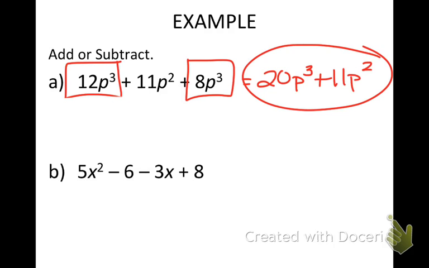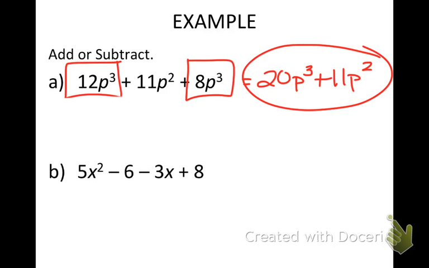Because they both had a p to the third, they were like terms. No, before we multiplied. If it was 12p to the third times 8p to the third, then I would multiply and add the exponents to get p to the 6. But we were adding. Keep that in mind, because when we get to multiplying, you're going to have to think back to that. Okay?